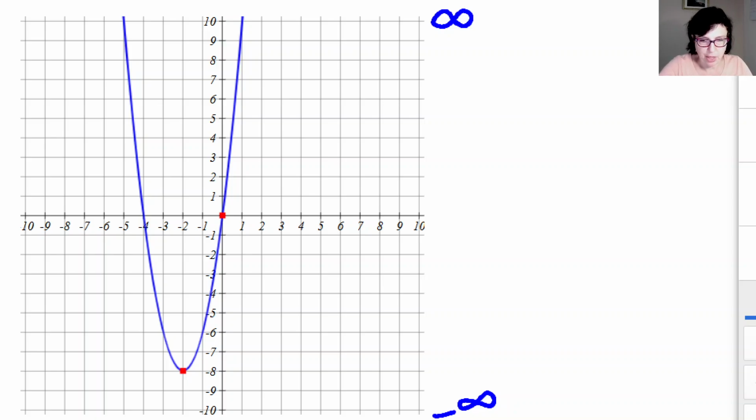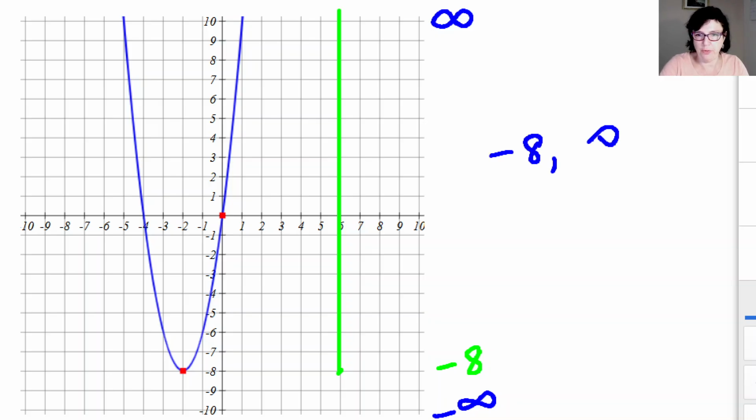So if you start, the smallest value is going to be over here, right? The smallest y value, because it doesn't go further than that. And then it just keeps going up all the way to infinity. Where does it start? At -8. And so your answer for the range is going to be -8, comma, infinity.